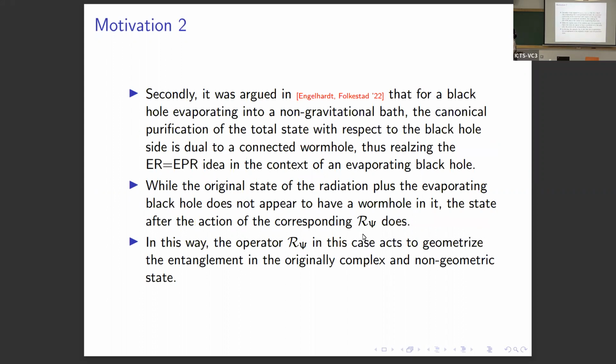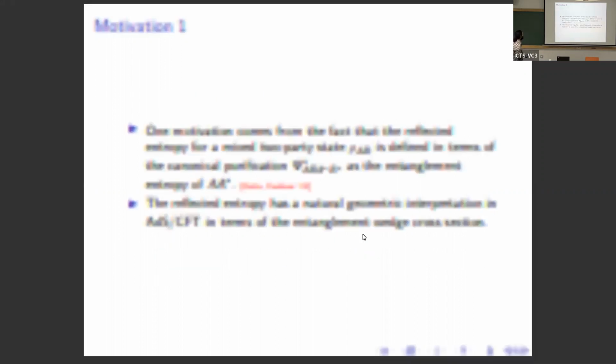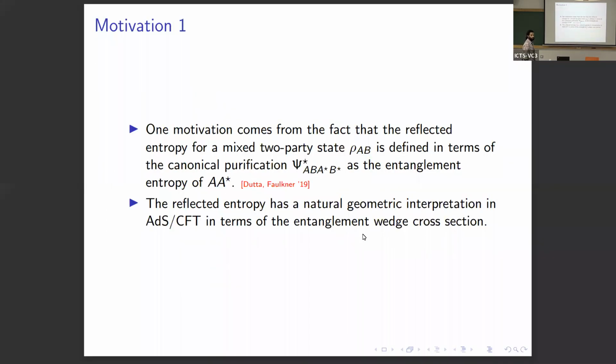A second, yes, please. So you are not saying that the complexity in constructing psi from psi star somehow has a geometric interpretation in AdS? Well, that would be wonderful if it does, but here I was making a much more limited statement.